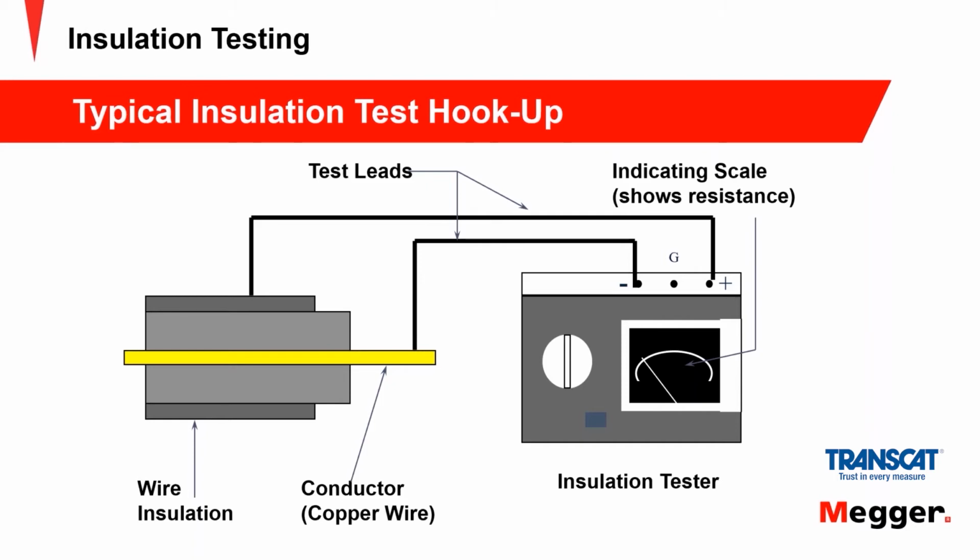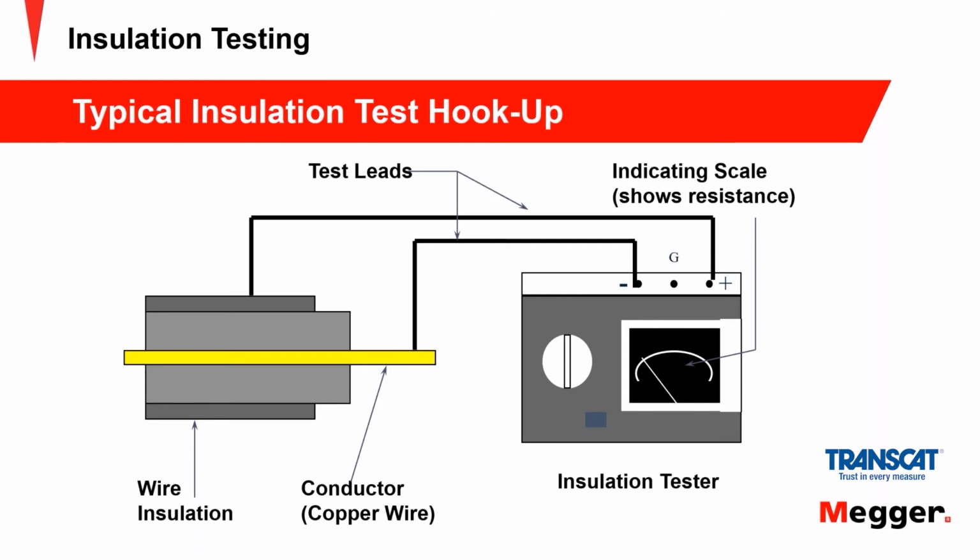But what you're looking for is some sort of metal conductor. So that could be a sheath or a shield or another conductor or whatever. And so now your insulation is between those two poles. And when you apply your voltage, a certain amount of current is going to pass through the insulation and complete the circuit. And that's what you're going to see up on your display.